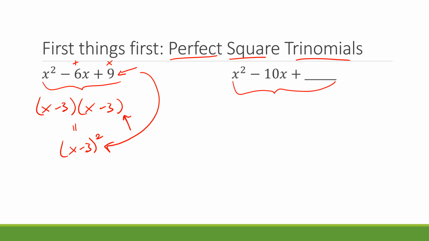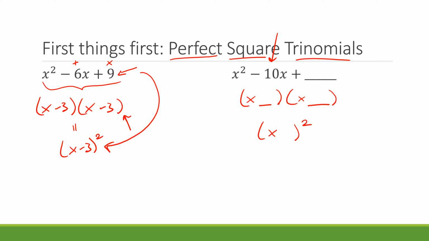So let's go over here. We want to invent a perfect square trinomial. Notice I have a -10x in the middle, and I can pick any number over here. Now let's think about this. If I want to make a perfect square trinomial, I need to have the same thing here as here.